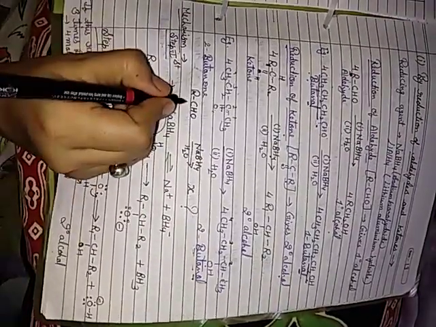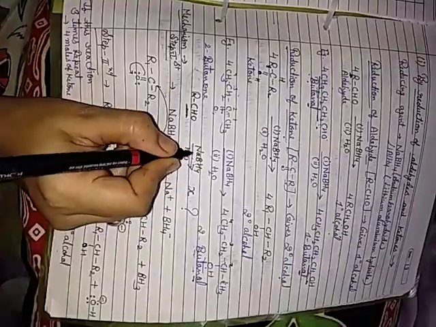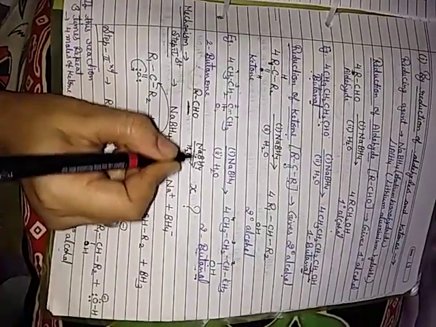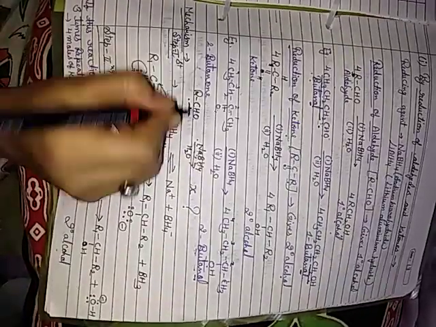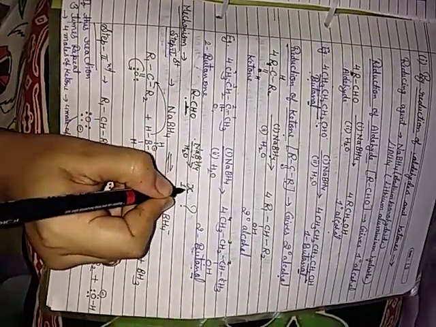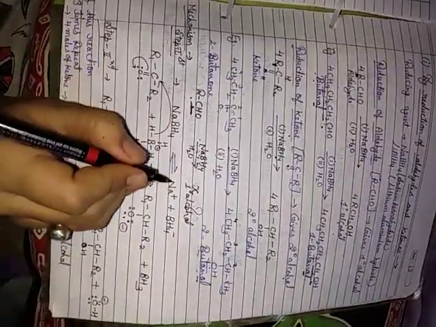Easily you identify this as the reactant aldehyde, and in the presence of the reducing agent NaBH4, that means reduction of aldehyde. Whenever aldehyde is reduced, a 1 degree alcohol is formed, so the product is a 1 degree alcohol.